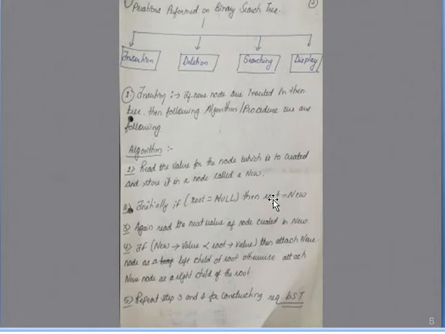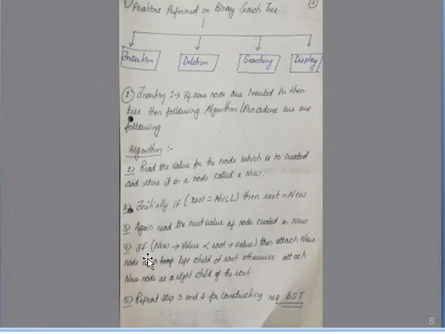If the root is null, then we assign the new value to the root. After that, we'll read the next value of the node created in new. Initially, we assume our tree is empty.